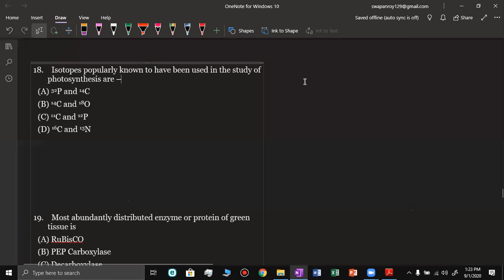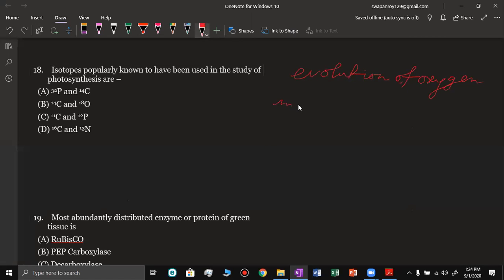I think I mentioned this before in the previous class, that for the evolution of oxygen in photosynthesis, a heavy isotope of oxygen was used.